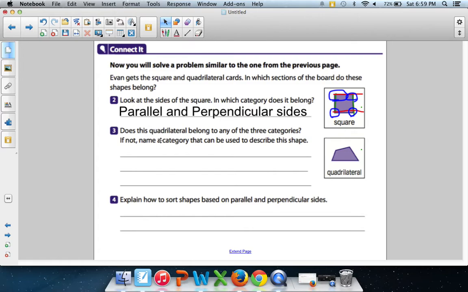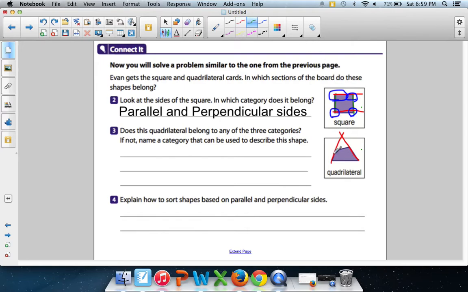Does this quadrilateral belong to any of the three categories? If not, name a category that can be used to describe this shape. We'll take a look at it. Does it have parallel lines? You might be tempted to say yes, but really think about it. If this line kept on going, and this line kept on going, boom, they crash.